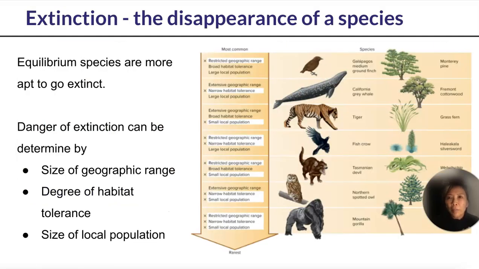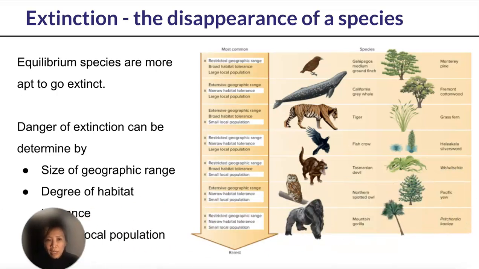What I want to spend a little bit of time focusing on is the idea that different populations have different growth rates, distribution, and abilities to survive. With equilibrium species, because they tend to have longer lifespans and don't reproduce as much, many of these species are starting to go extinct, which is really sad, right?